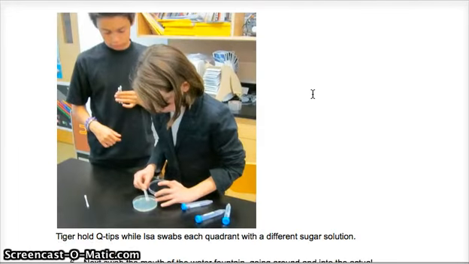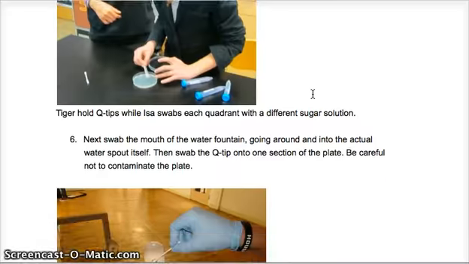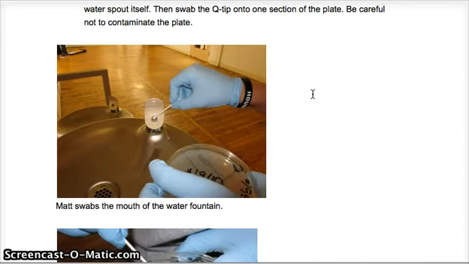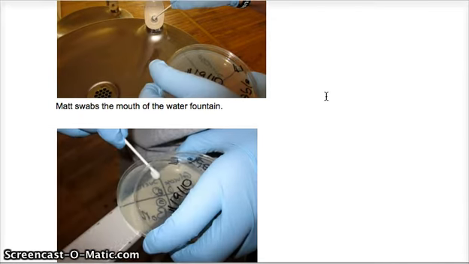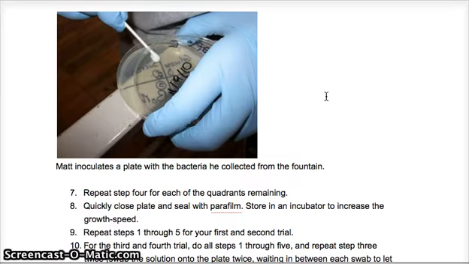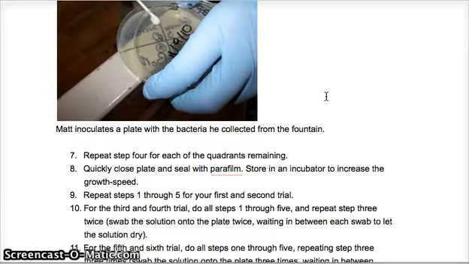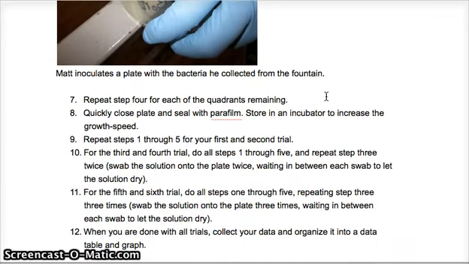Here's Issa and me, and I'm holding the Q-tip so they don't get contaminated while Issa swabs the plates. Here's Matt's hands collecting samples from the water fountain, and then here he is swabbing the plate from the samples that he got, and then here are the rest of the steps.